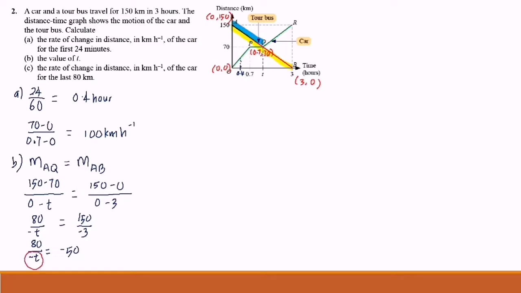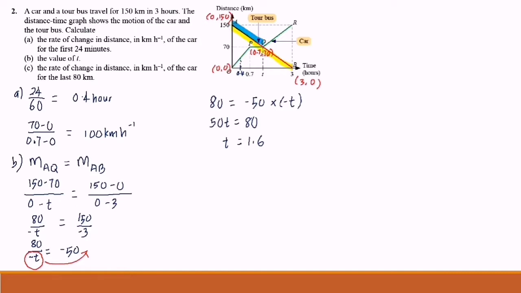Now I move negative t to the right hand side. 80 equals negative 50 times negative t. 50t equals 80. t equals 1.6.